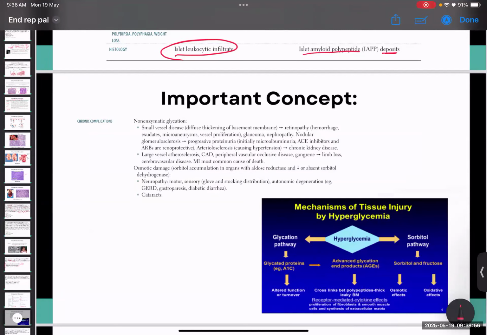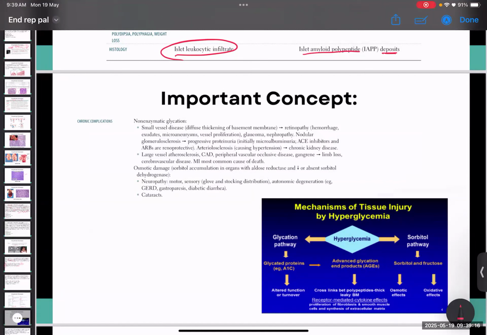So like I mentioned, if there's too much glucose in your body, it takes two pathways: the glycation pathway and the sorbitol pathway. The glycation pathway is usually the one that affects your vessels, and sorbitol is usually the one that affects your nerves. Glycation can lead to small vessel and large vessel diseases.